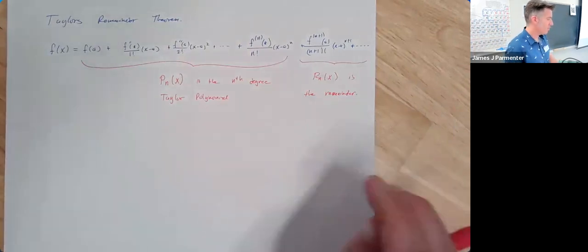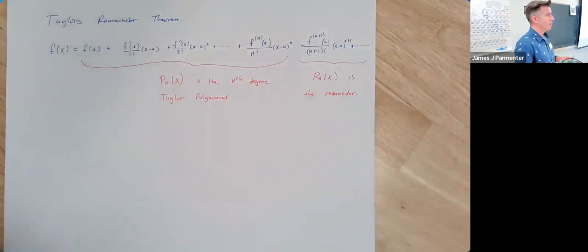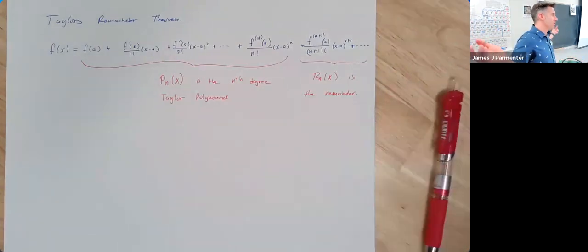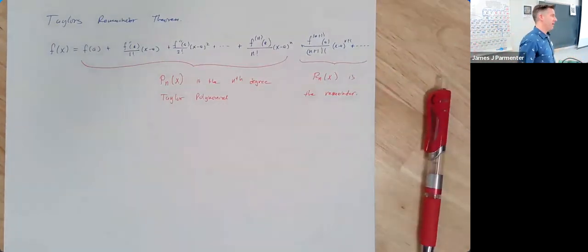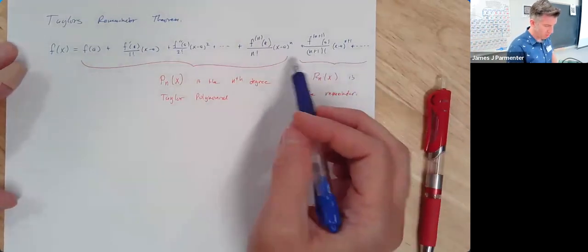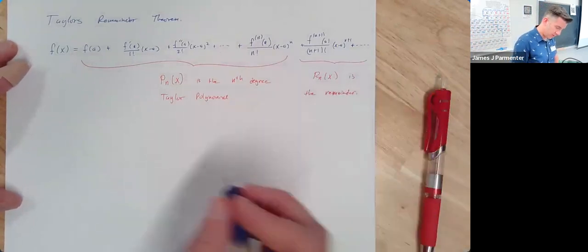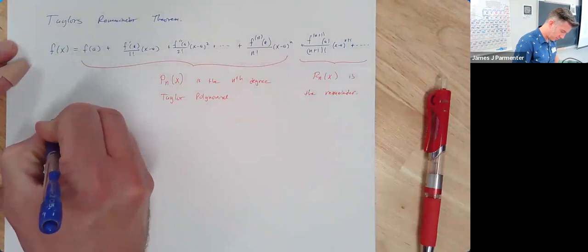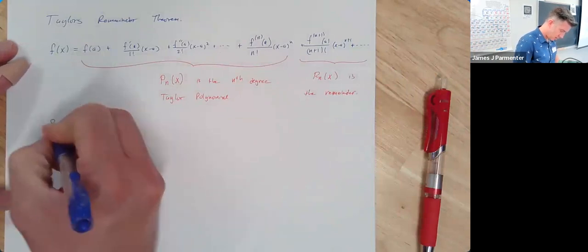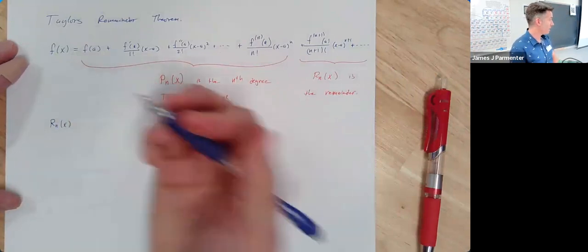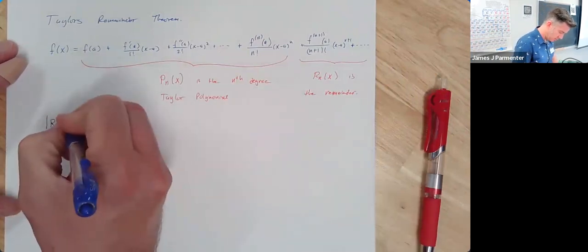Okay. And here's where we're just going to throw a theorem at you and say we're going to believe this is true because it's true. We're not going to justify it because it's a pain. So there's a theorem that says we can take all of those remaining terms, whether or not they add up to be positive or negative, and take their absolute value.